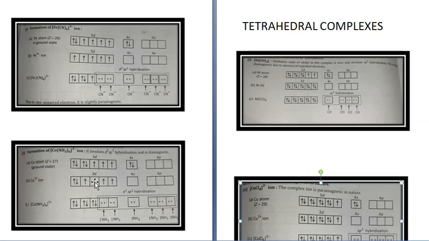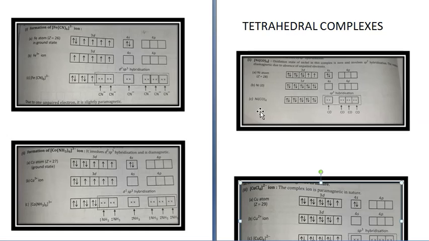Next, let's move on to tetrahedral complexes. In tetrahedral complexes, they are formed by sp³ hybridization. Coordination number is 4. Now let us take an example, Ni(CO)₄.